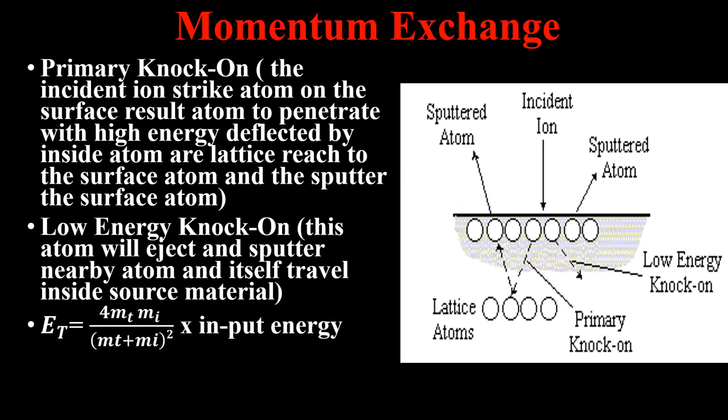So the total energy of the transmission of the sputtered material is given by the equation. It depends on the mass of the target material, the mass of the ions, and the input energy, which is given via the applied potential and via the incident ions.